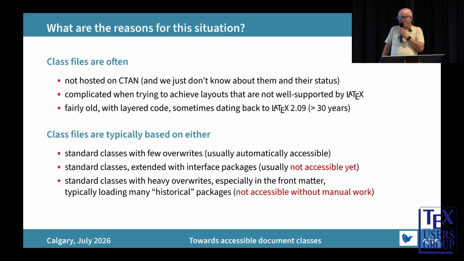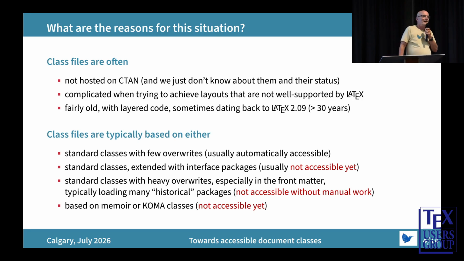So this is the situation. Here's one more. We have at least two very big and comprehensive document classes. One is Memoir, and the other one is the ComaScript set of classes, which are quite different from the standard classes in the sense that they have a lot of interfaces built in.